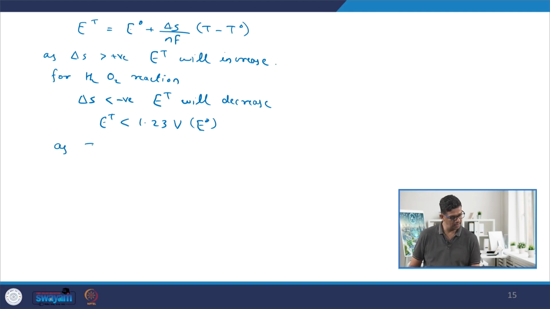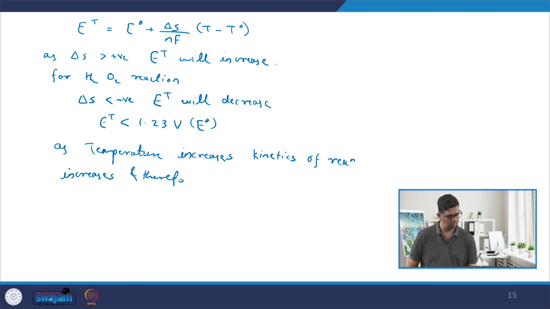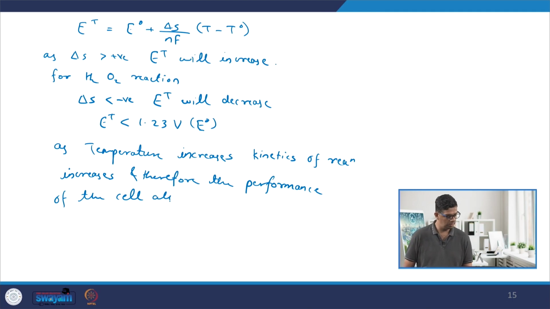So, as temperature increases, the kinetics of the reaction, which we are going to get into later, increases, and therefore the performance of the cell, whether it is a fuel cell or electrolyzer, any electrochemical system, will increase.